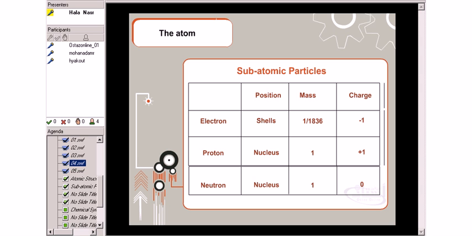Are you able to see the mass here? Who can tell me the mass of the proton from the table here? What's the mass of the proton? Yes, Mohammed? 1. Very good. And what about the neutron, Mr. Yaout?